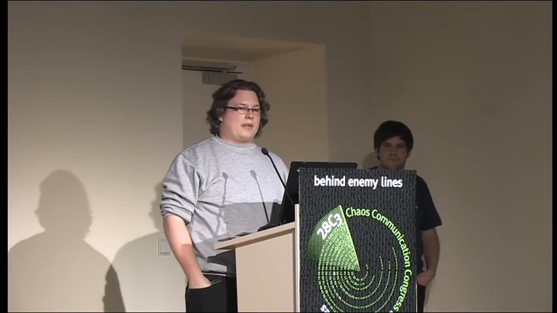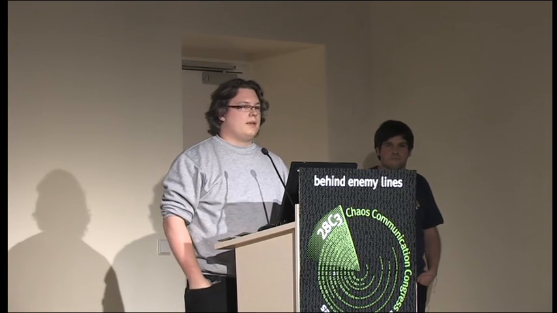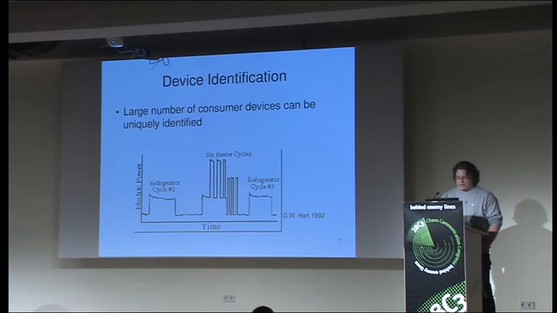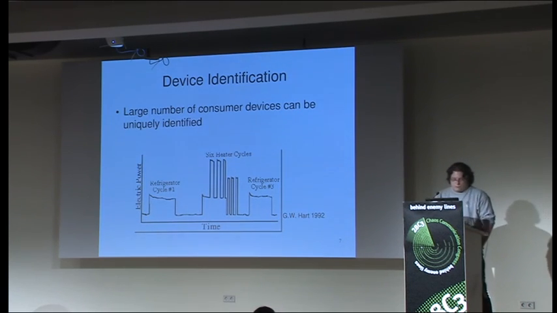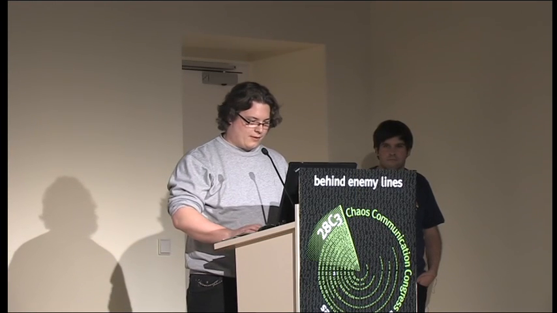So from the data, Mr. Hart showed in 1992 that you can identify several consumer devices uniquely. What you see here is, for example, a refrigerator which has 3 power cycles and 6 heater cycles, which are added to the signal.